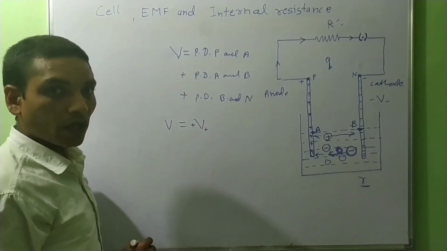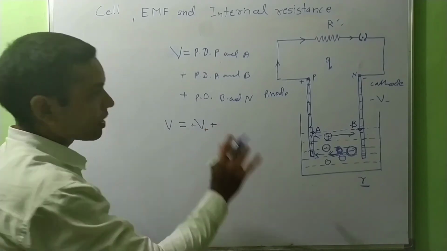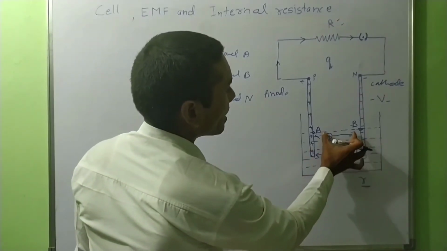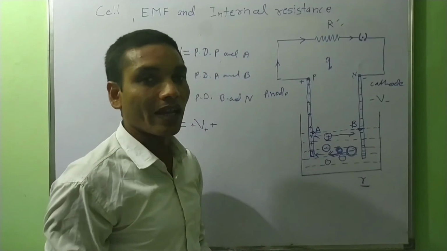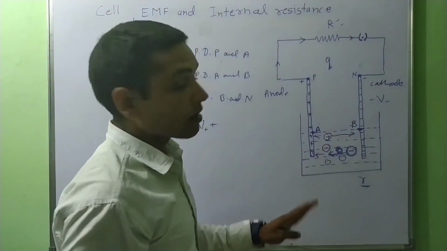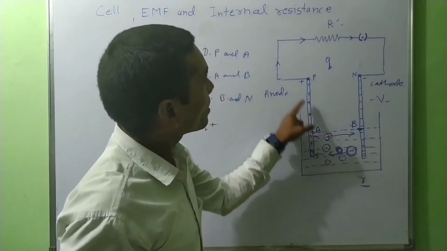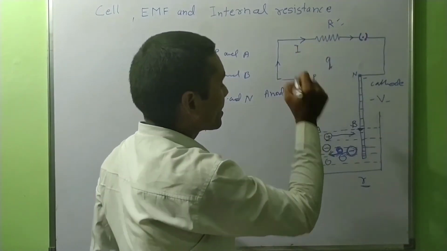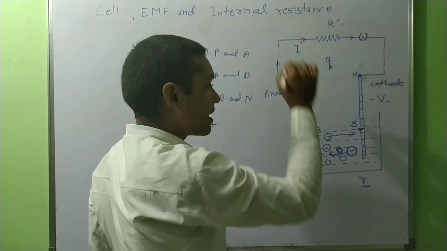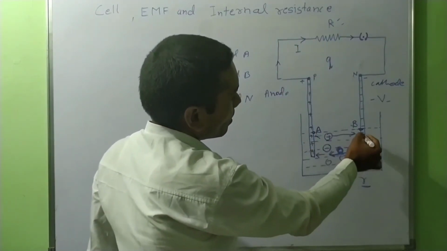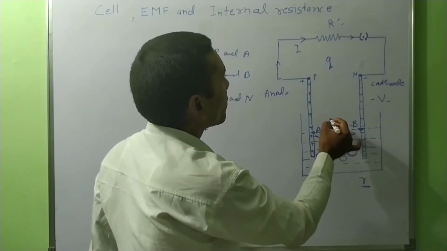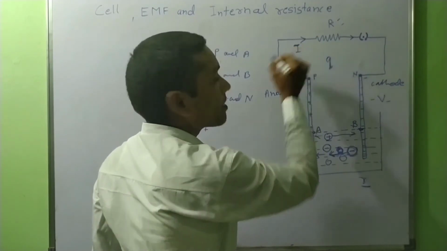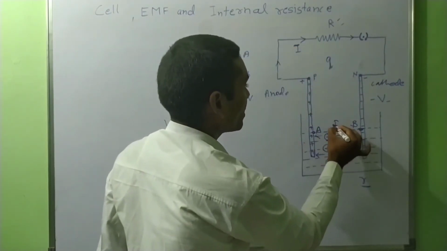Now for the potential difference between A and B inside the electrolyte: the current flowing through the external circuit is I, so the current flowing inside the electrolyte will be the same I.